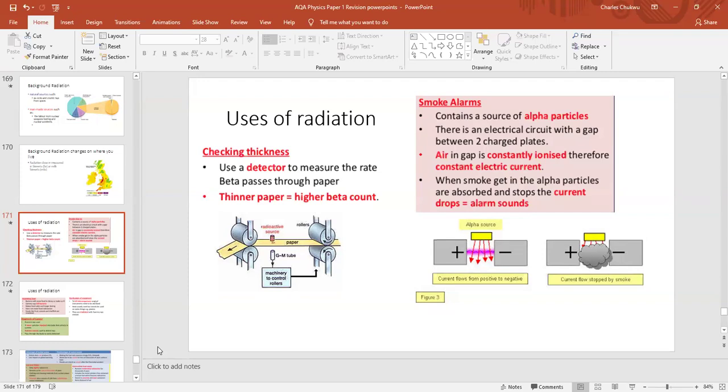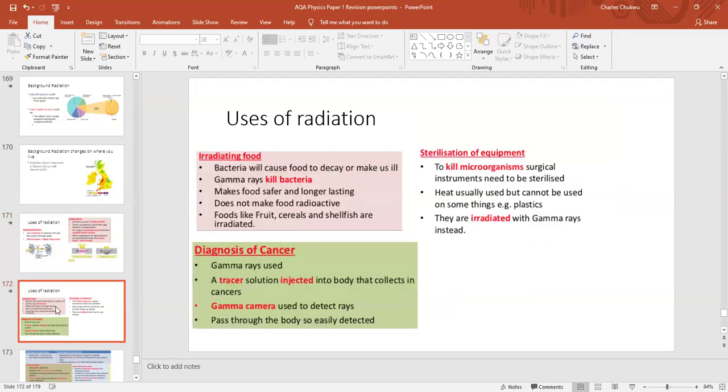When smoke gets in, the alpha particles are absorbed and that stops the current. Then the current drops and an alarm sounds. So that's the basic way a smoke alarm works.